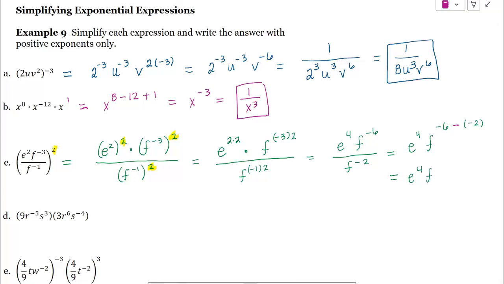That's going to change to this right here. I'm running out of room here. This part right here is going to change to negative 6 plus 2 because I've got a negative times a negative. So that will give us negative 4. So I think my overall answer should be e to the 4th over f to the 4th.